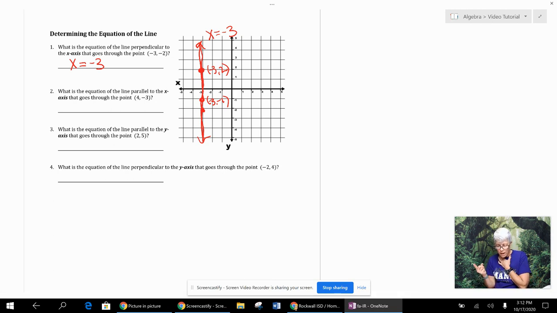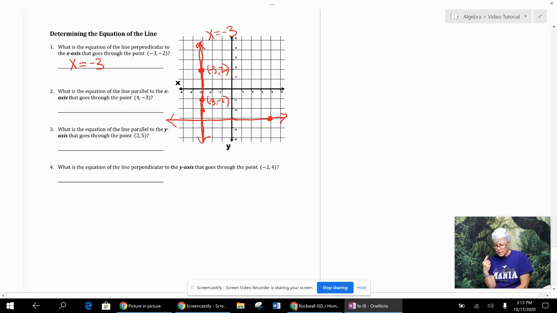What is the equation of the line parallel to the x-axis that goes through 4, -3? All right, this is question number 2. So I'm going to plot that point first. So I'm looking for 4, -3. It's right here. And I want it parallel to the x-axis. So that's going to be going this direction, parallel.